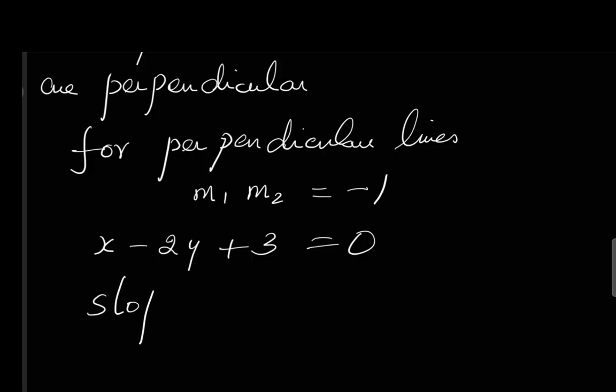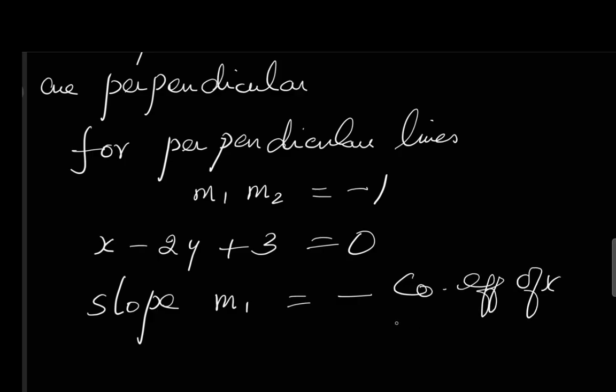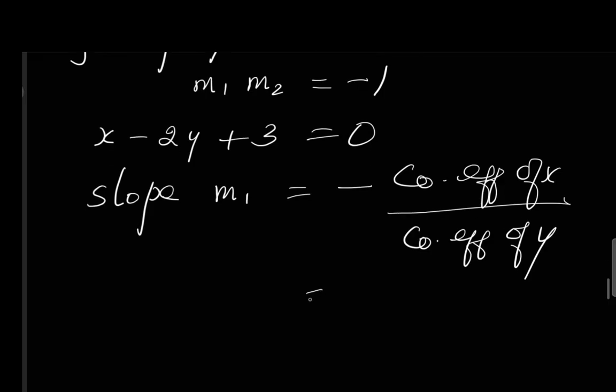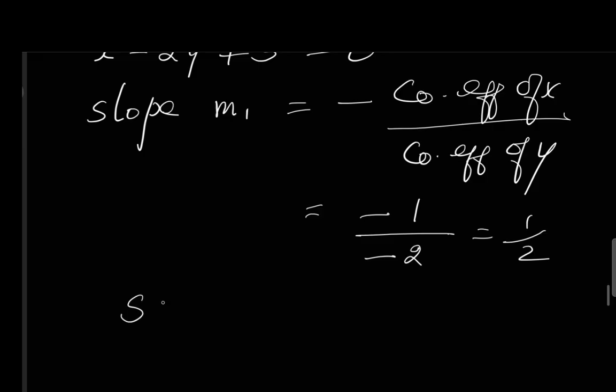Slope m1 equal to minus coefficient of x divided by coefficient of y. So minus coefficient of x is 1 here. Coefficient of y is minus 2. Minus minus cancel, 1 by 2. Next, slope m2.